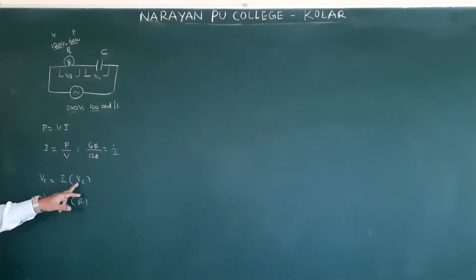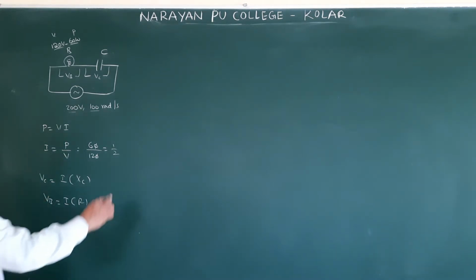Then we will find XC value. Can we find XC? Because we know VC and I. So I value you came to know. They gave voltage across capacitor, but they didn't give VC value. We should find VC also.